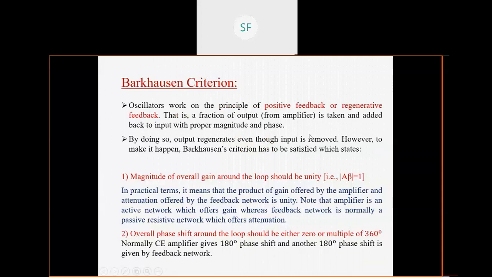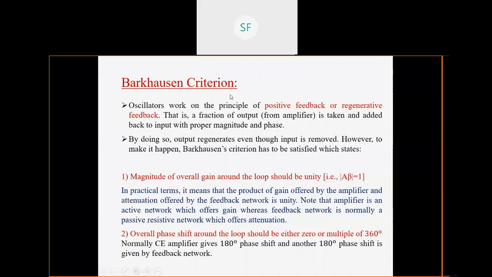So now there comes one very important criterion that is given by the scientist named Barkhausen. In this Barkhausen criteria, there are two conditions. The first one is the magnitude condition and the second one is the phase condition. So now what is Barkhausen criteria?